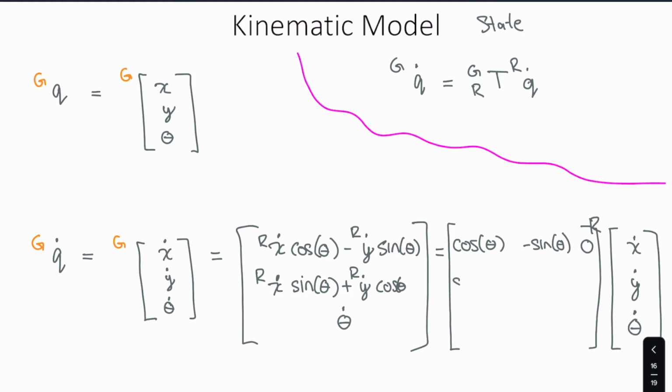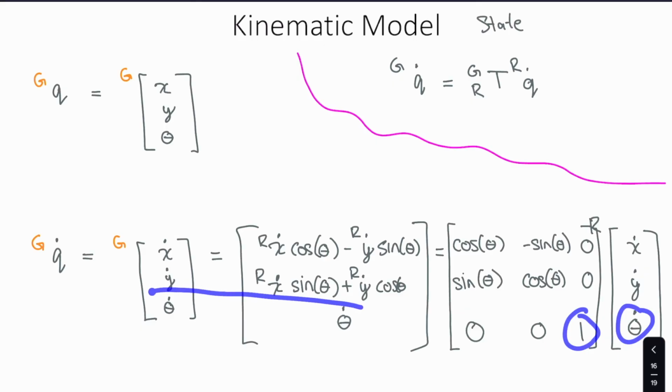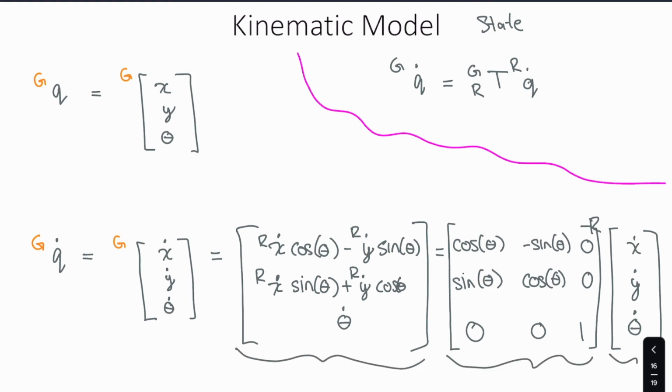Likewise, the next row would be sine theta, cosine theta, and 0. In the final row, theta dot is just equal to theta dot, so there's no dependency on x dot or y dot, and we're just multiplying theta dot times 1 so that we can have this relationship here, theta dot equals theta dot. So now we have a slightly more common and compact representation of the equation: q dot in G is equal to some transformation matrix from R to G times q dot in R.